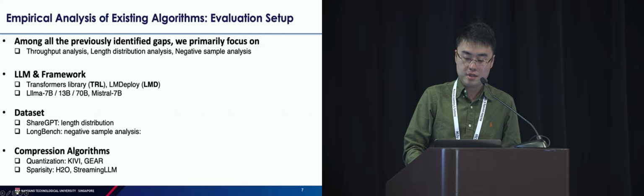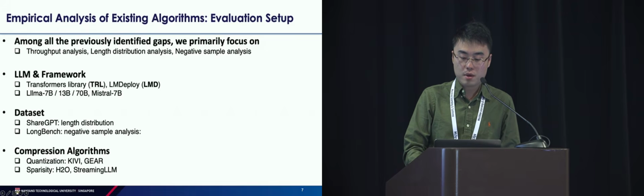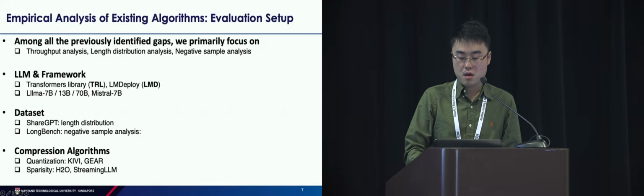We use Shared GPT to perform length distribution analysis and Longbench to conduct negative samples analysis. As for compression algorithms, we considered quantization-based techniques including KIVI and GEAR, and sparsity-based approaches including H2O and StreamingLLM.